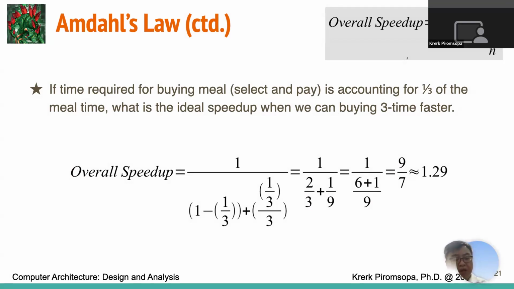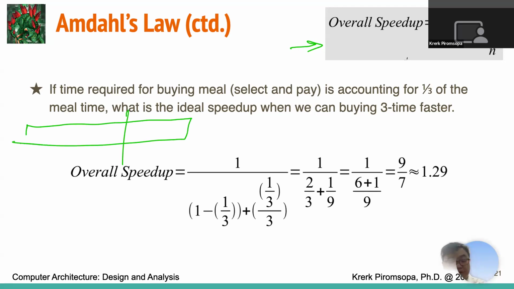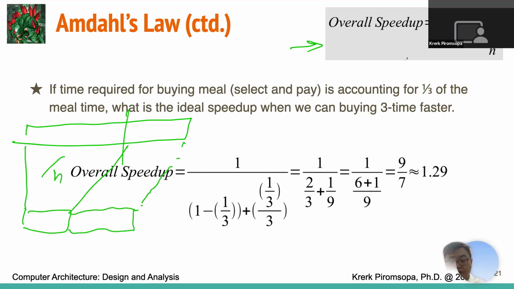Okay, and just to put it into a formula, it would look somewhat like this. If the original time is 1, so it's like this. This is 1. You make some part faster by n, so you divide this by n. This part still stays the same. Okay, maybe I change the colors.